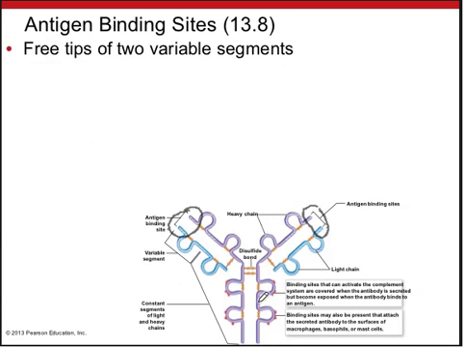The rest of the molecule, the constant region, is going to be the same regardless of what antibody we're talking about. So there's a framework that serves as a basis for attaching the antigen binding site to the entire molecule that's held in common by every antibody.